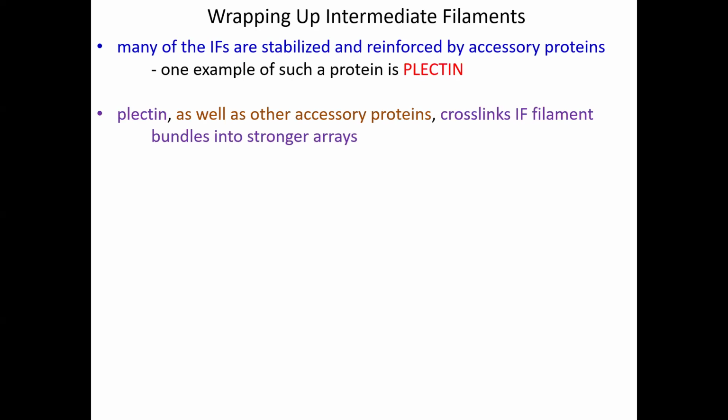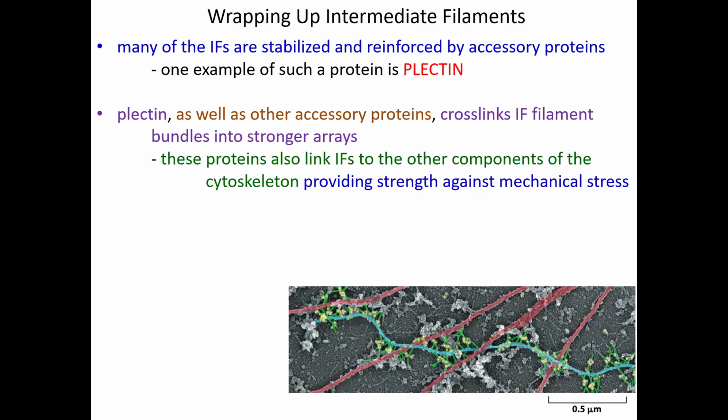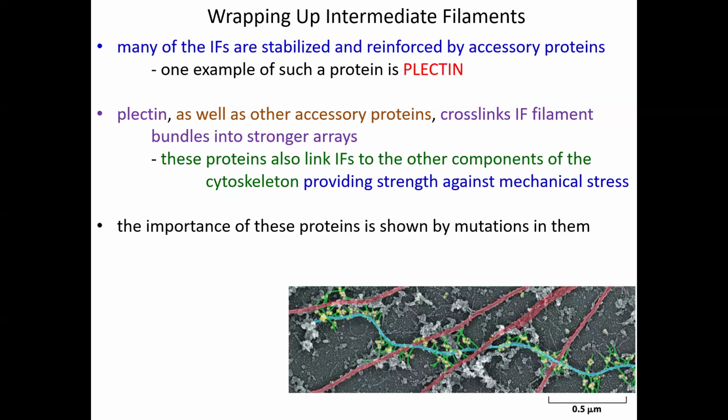What plectin does is cross-link intermediate filament ropes together into bundles, into more cargo net-like three-dimensional arrays, into stronger arrays of tensile strength. These accessory proteins, like plectin, also link intermediate filaments to other components of the cytoskeleton, like microtubules or actin, allowing the cytoskeleton to behave as one single structure, providing even more strength against mechanical stress.